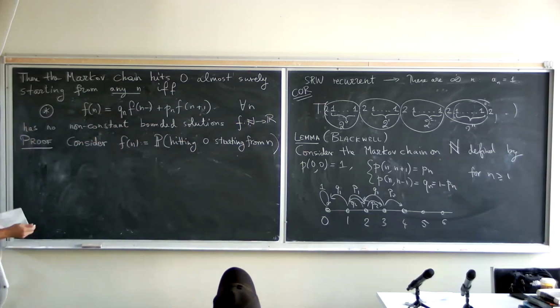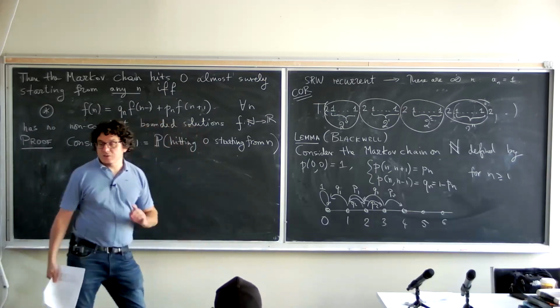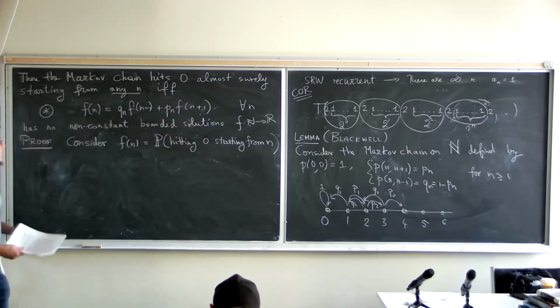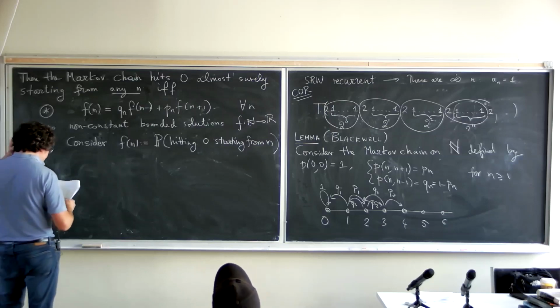So probability is definitely a bounded function. That's good. And the other thing we have to check is whether this satisfies the equation star. Why does it satisfy the equation star?